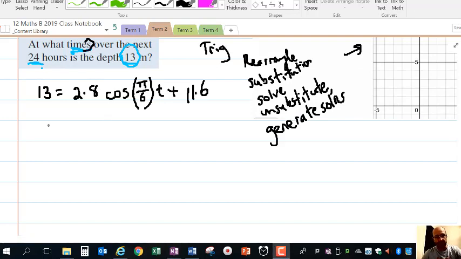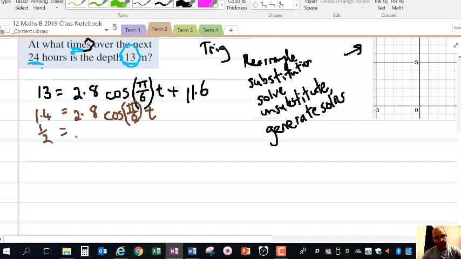So subtracting 11.6 from both sides, we've got 2.8 cos pi on 6t, and then dividing by 2.8, you get a half equals cos pi on 6t.